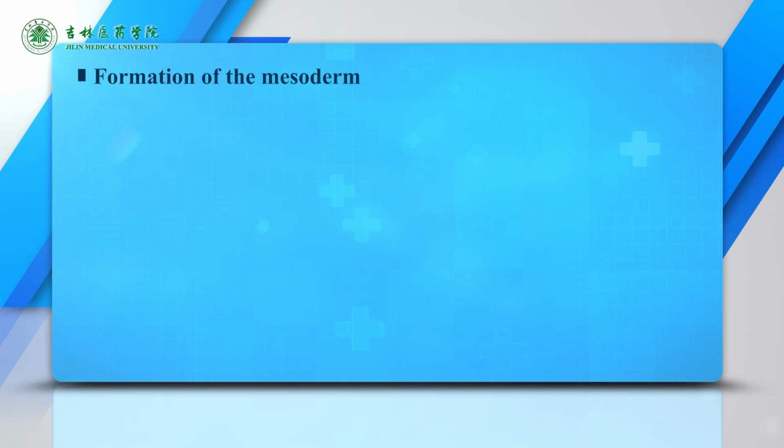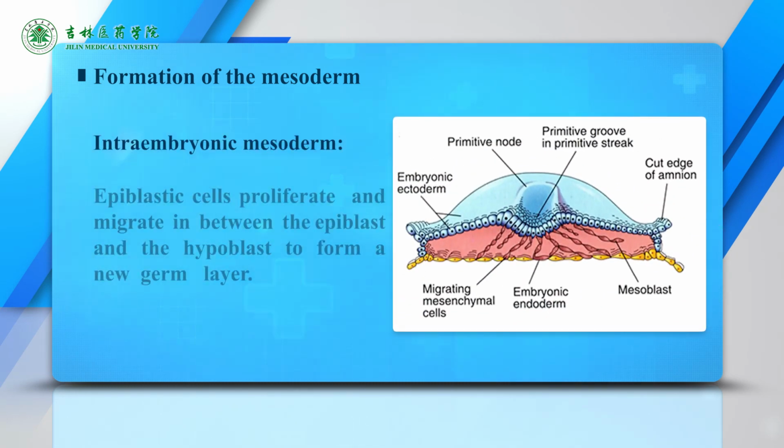Formation of the mesoderm. The cells in the deep part of the primitive groove proliferated continuously and expanded, migrated to the periphery between the epiblast and the hypoblast. A part of cells form an interlayer between the epiblast and the hypoblast, which is called intraembryonic mesoderm or mesoderm.